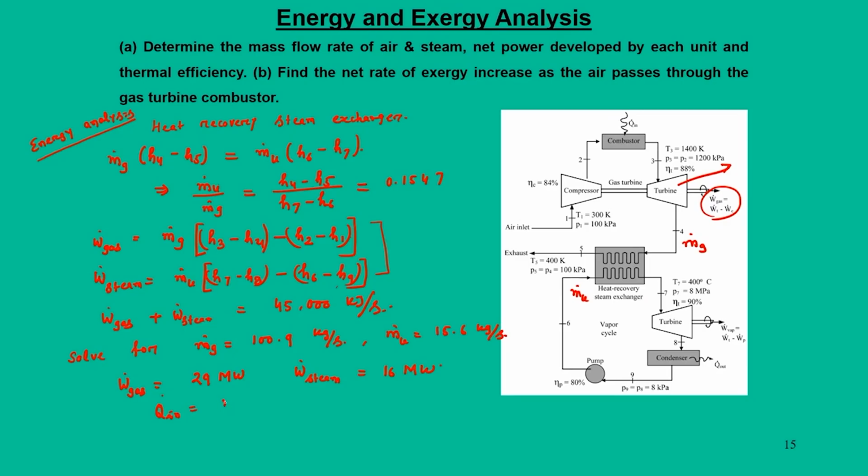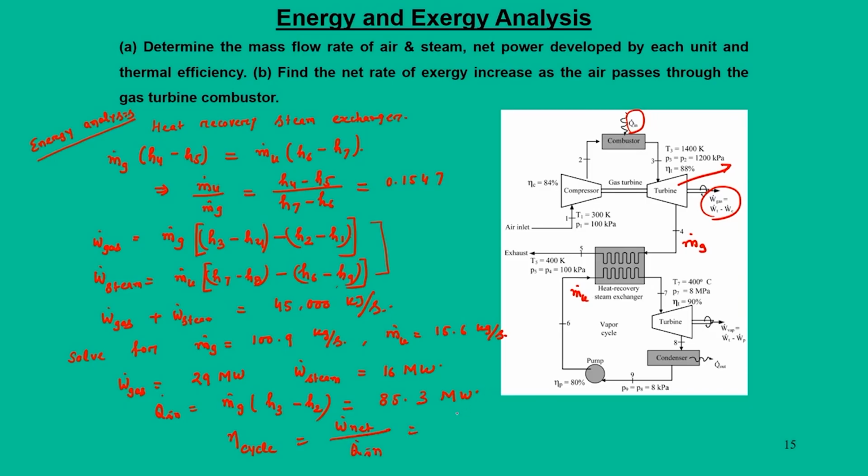And Q in is equal to m dot g into H3 minus H2, that is the heat that is supplied at this point, that is at the combustor unit. So, it is 85.3 megawatt, and you can find out cycle efficiency as W dot net by Q dot in.